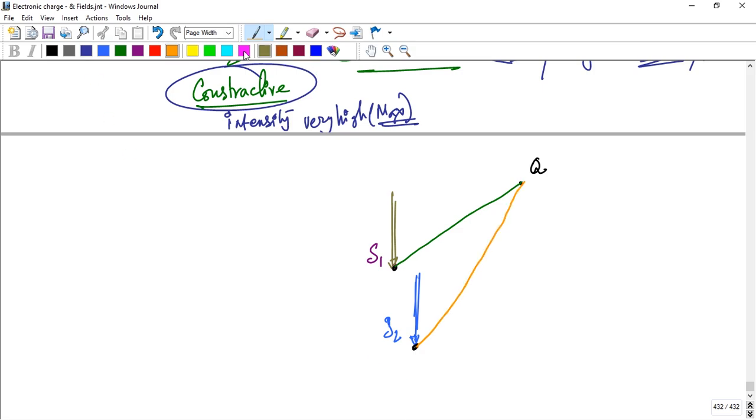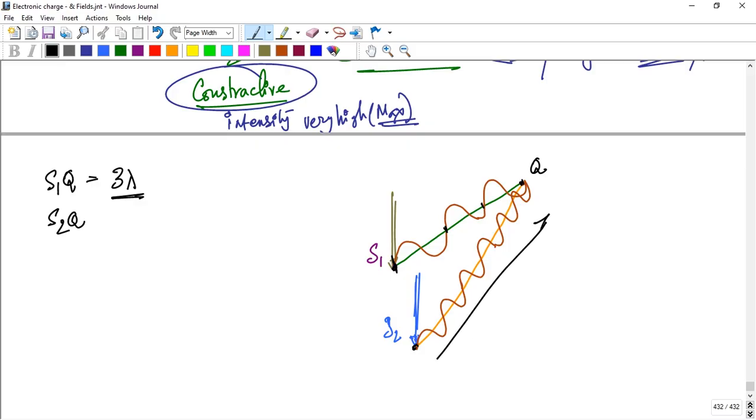Counting S1Q, that displacement is 1, 2 and 3, that is 3 lambda, 3 wavelengths.